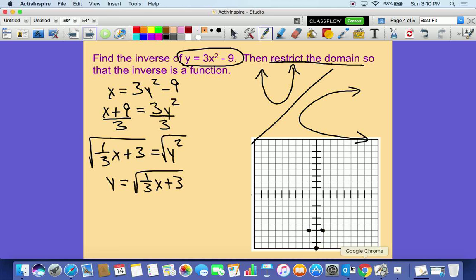Throw in a 2, we get 12 minus 9 is 3. So we would be up here for both of these. So our original graph would look like that. If we were to flip all of those points, we would be over here.